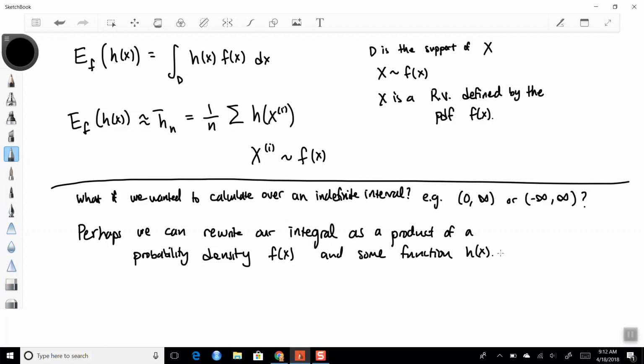Okay, so we might be able to rewrite our integral as a product of a probability density and some function h of x, and then we can just follow the same strategy from before. Yes?